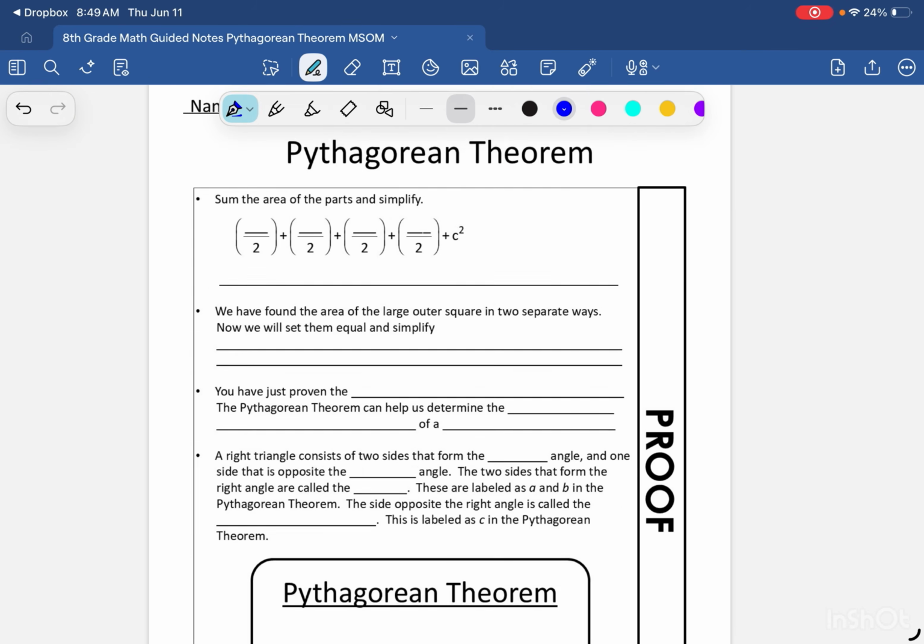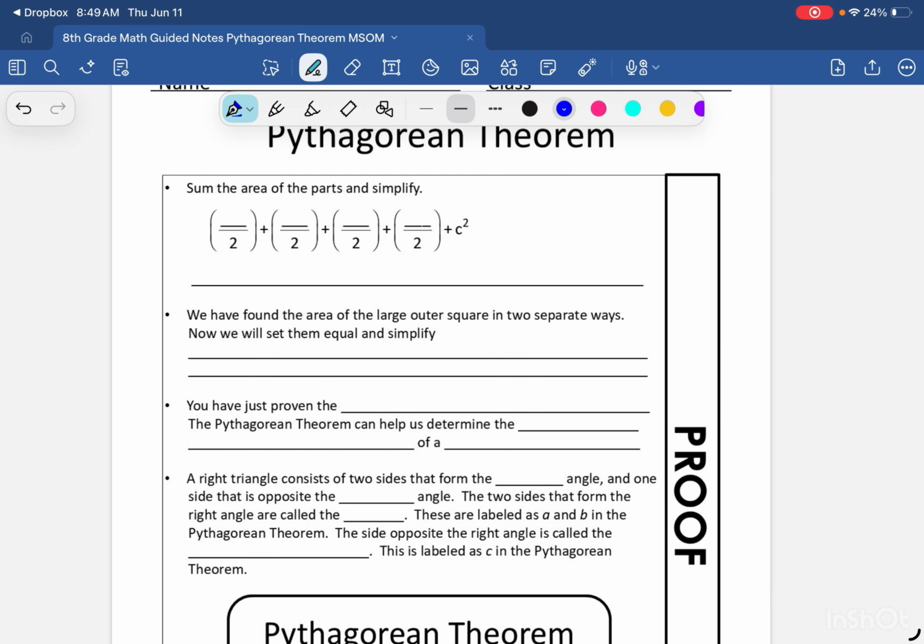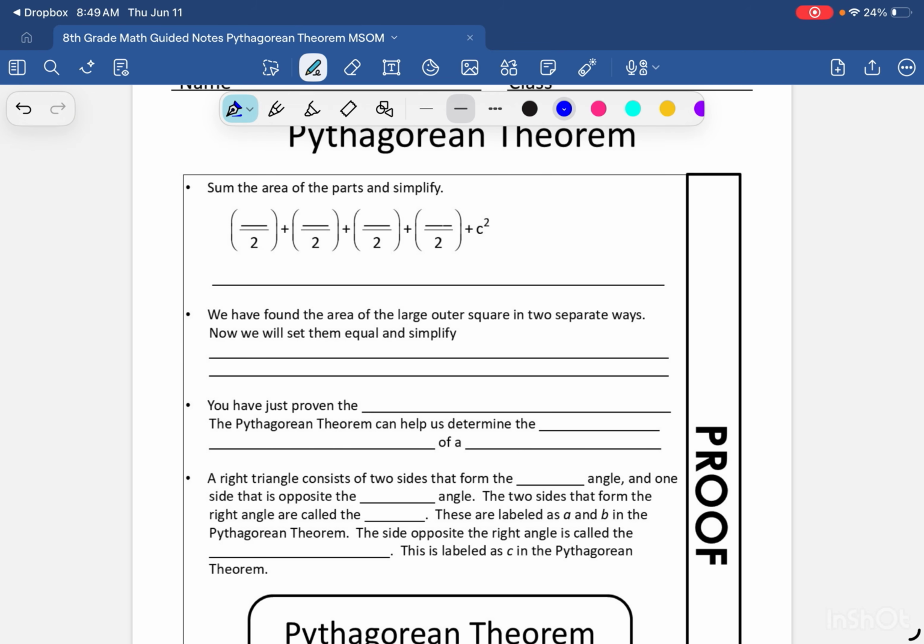So now we're going to sum the area of the parts. Since we have 4 triangles with base and height of A and B, the area of each triangle is A times B divided by 2, and we do it 4 times because there are 4 triangles.